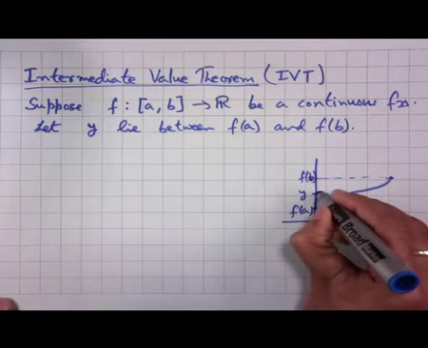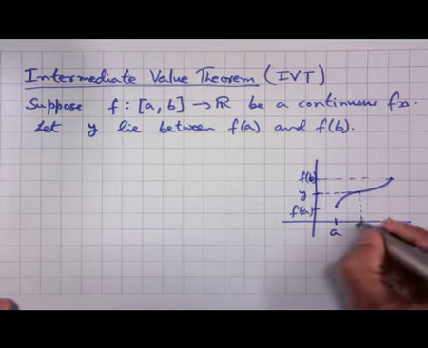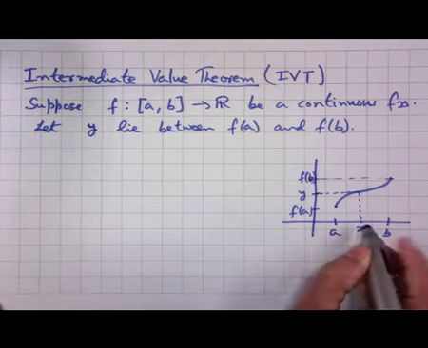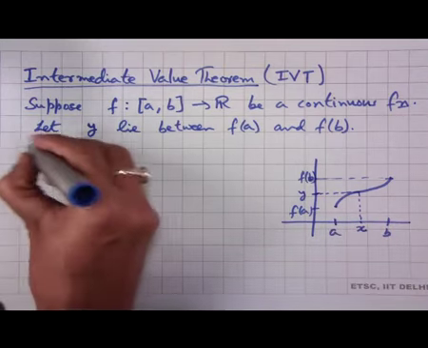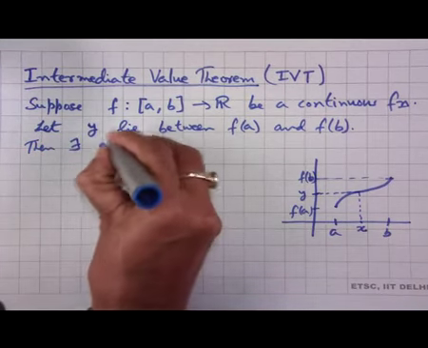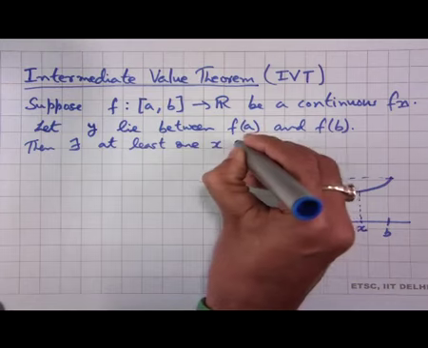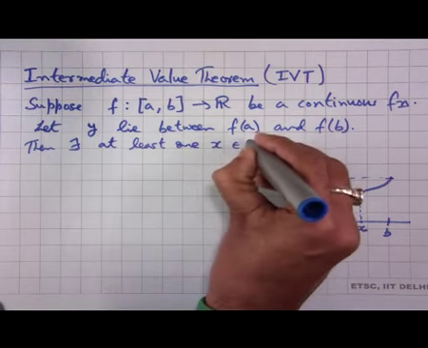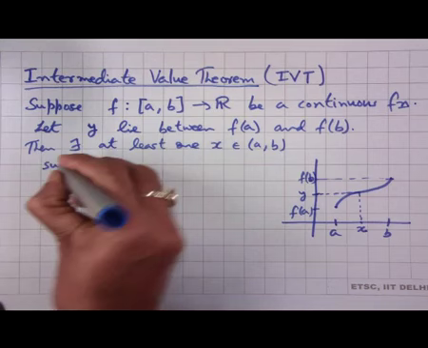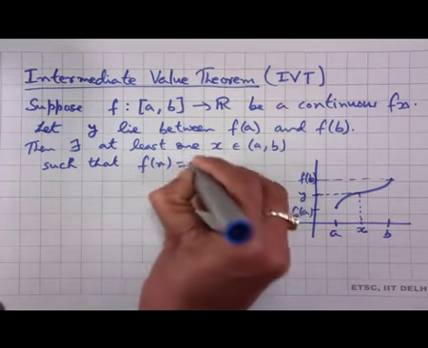Then the conclusion is that there exists at least one x in the interval a b such that f of x is equal to y.